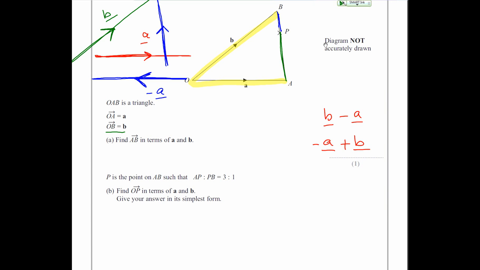So that basically splits into 4 parts. Okay? And you've got 3/4 and 1/4. So if you split that whole part up, AB, AP is 3/4 and PB is 1/4 of it, of the length. Find OP in terms of a and b in its simplest form.